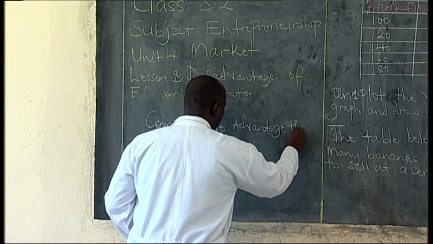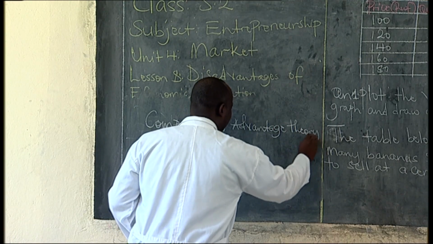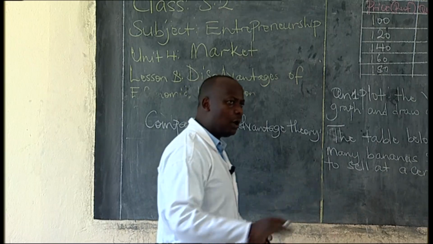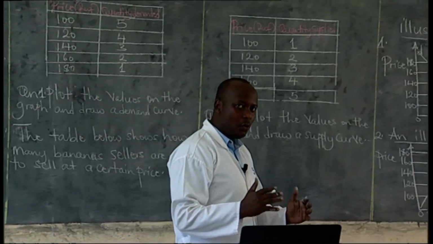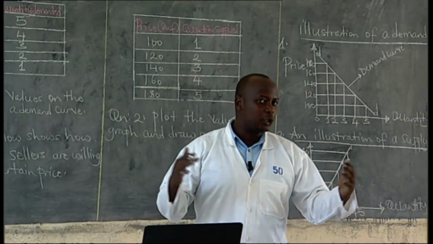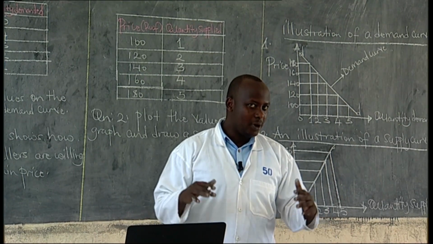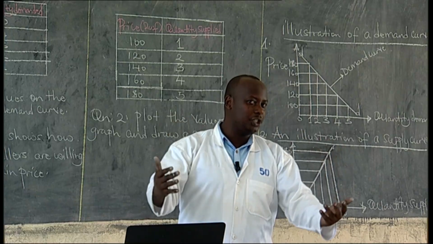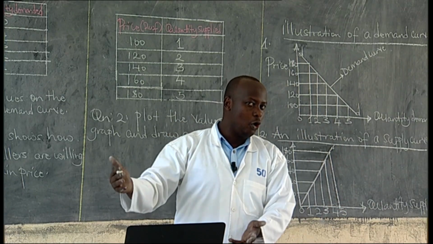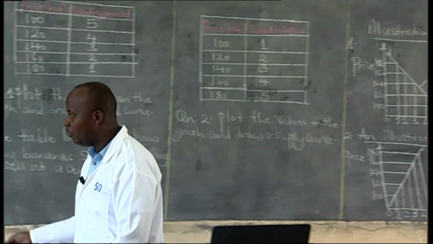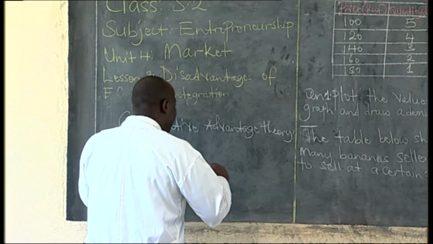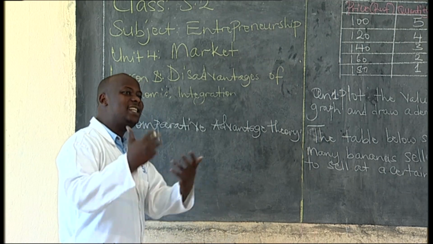Remember, learners, we talked about comparative advantage theory when we were talking about the merits of economic integration, where member countries specialize in products where they incur the lowest opportunity cost, and they forego producing commodities where they incur a high opportunity cost. Now, specialization will bring dependency.